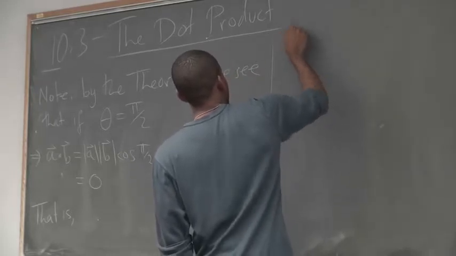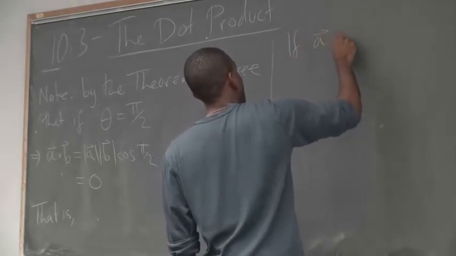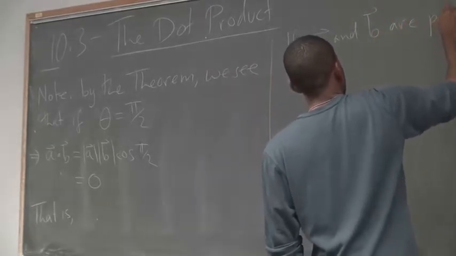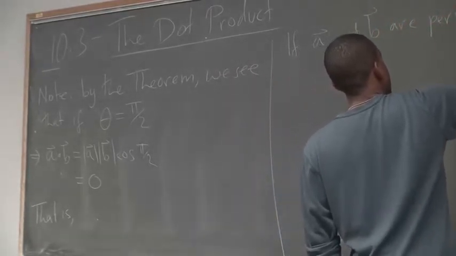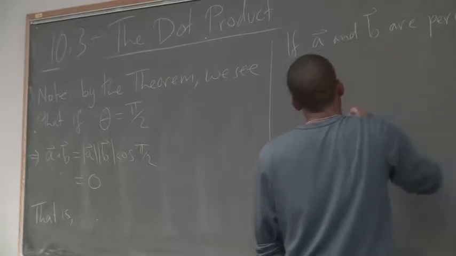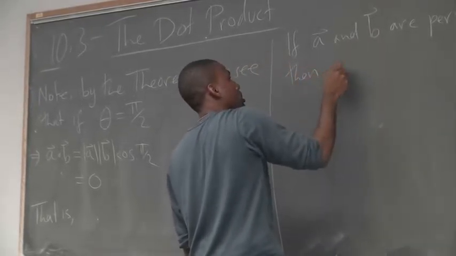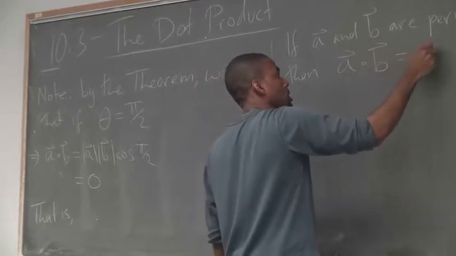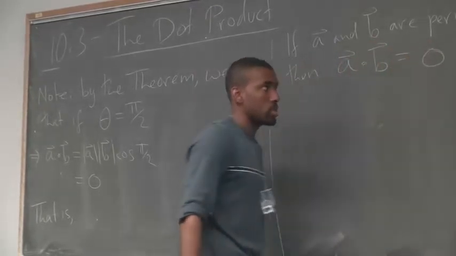That is, if A and B are perpendicular, then the dot product is 0, the 0 scalar.